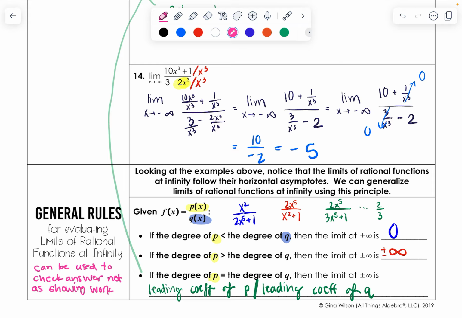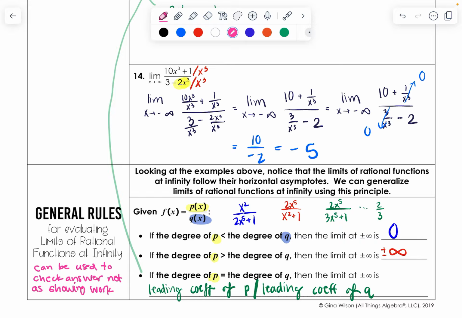So here they are. If the degree of P is less than the degree of Q, then the limit is always 0. Okay. If the degree of P, which is the top polynomial, is greater than the degree of Q, then it's going to be plus or minus infinity. And then if the degree of P equals the degree of Q, then the limit is a ratio of the leading coefficients, essentially.